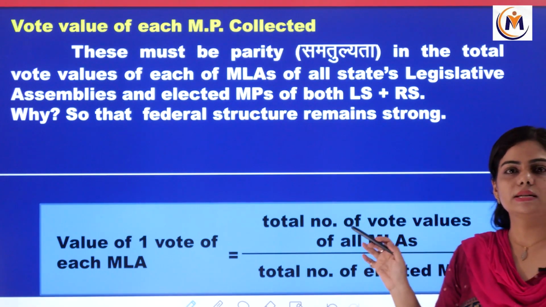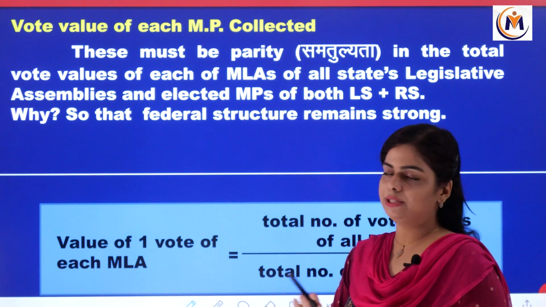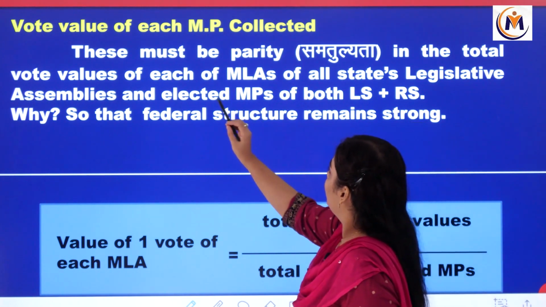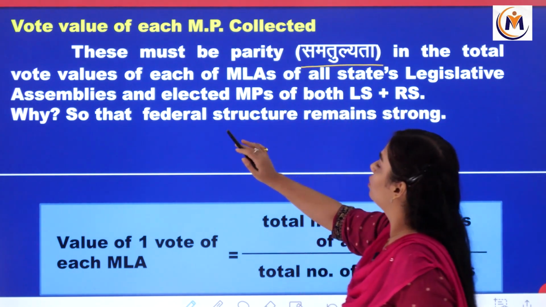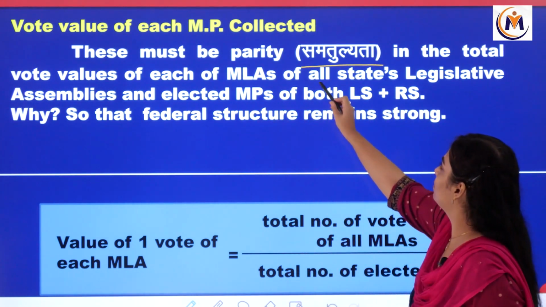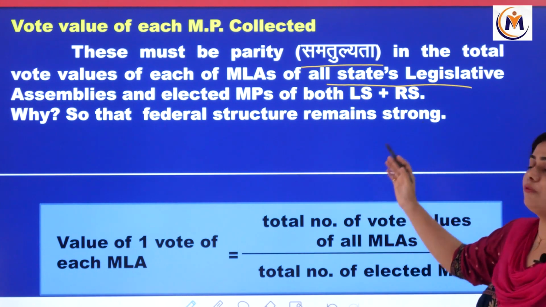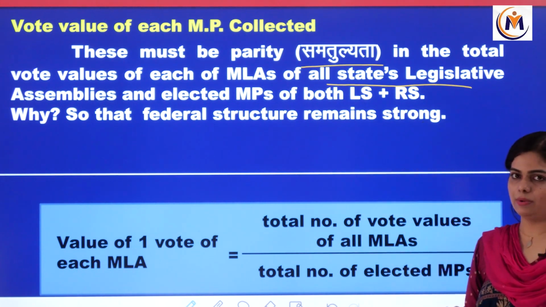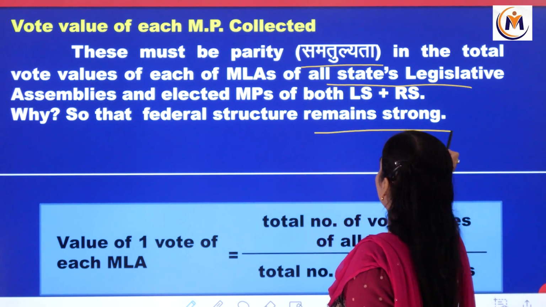Now let's discuss the vote value of each member of parliament collectively. There must be parity, samtulyata, in the total vote values of MLAs of all states' legislative assemblies and elected MPs of both Lok Sabha and Rajya Sabha. Why? So that the federal structure remains strong.